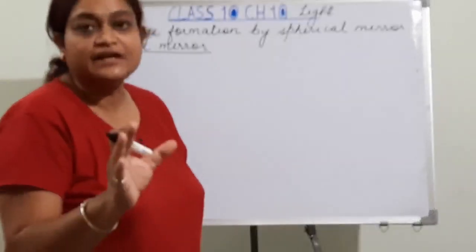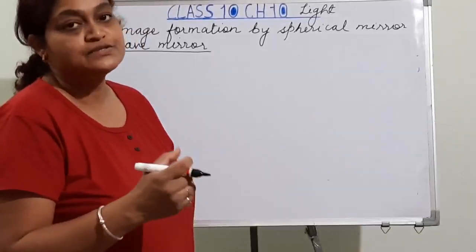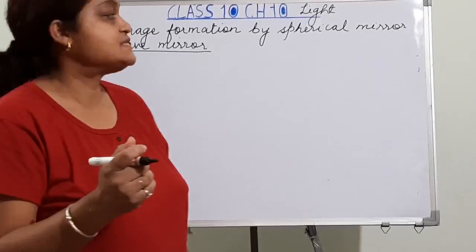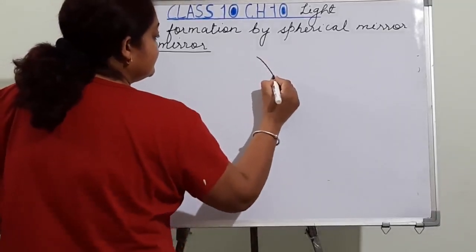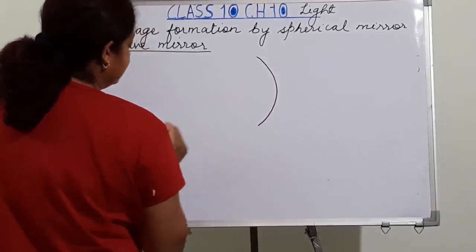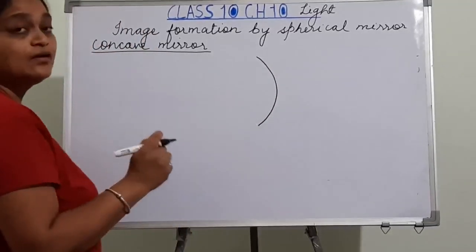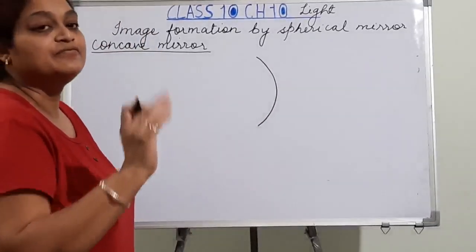There are 6 types of images that we will study for this concave mirror. So first case is when object is placed at infinity.